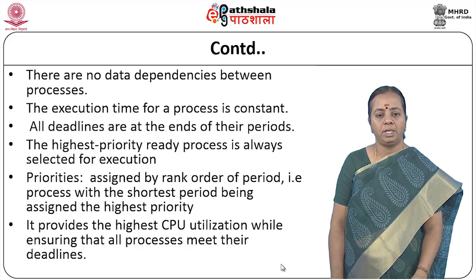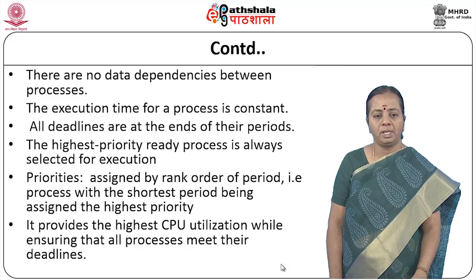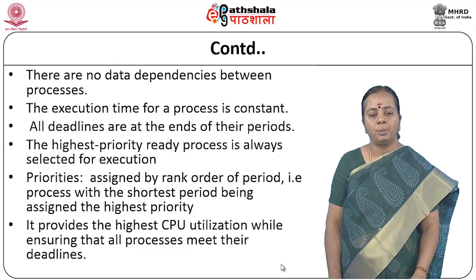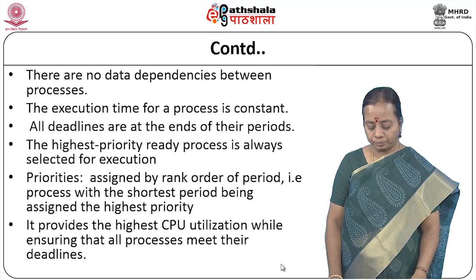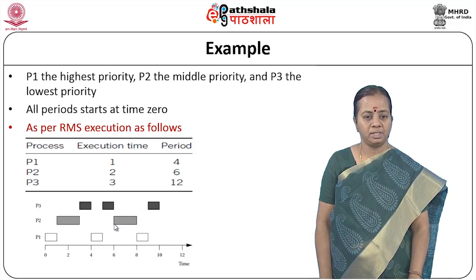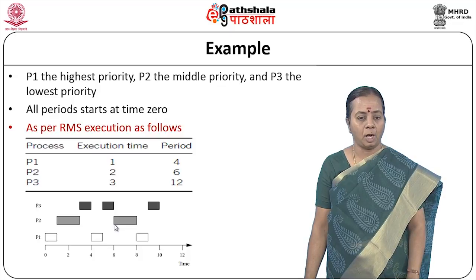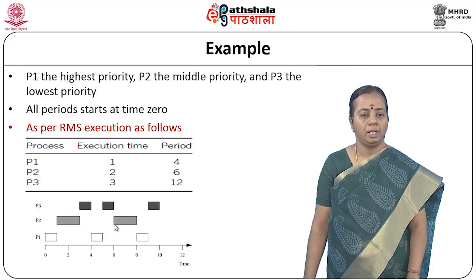The highest priority ready process is always selected for execution, and the priorities are assigned by rank order of the period, that is, the process with the shortest period is assigned the highest priority. It provides the highest CPU utilization while ensuring that all processes meet their deadlines. So in RMS scheduling, this is an example where P1 is given the topmost priority, P2 is given the second priority, and P3 is given the least priority.